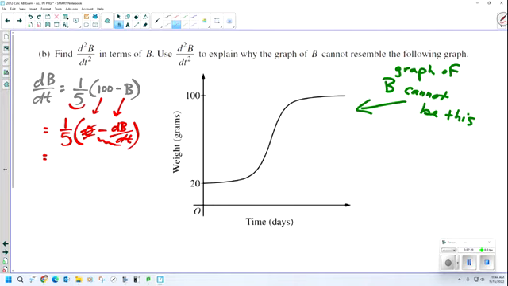All right, and what I end up with is negative 1/5 times db/dt, all right? Because a negative times a positive would result in a negative. All right, but we need this in terms of b. So I've got to bring the b variable back into this expression, okay? Because right now, this is my second derivative.